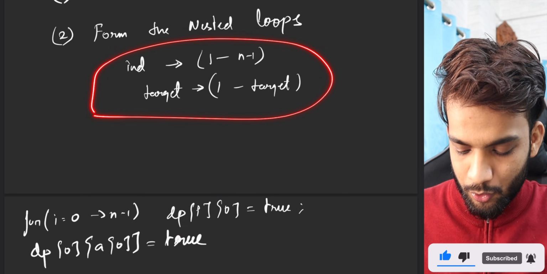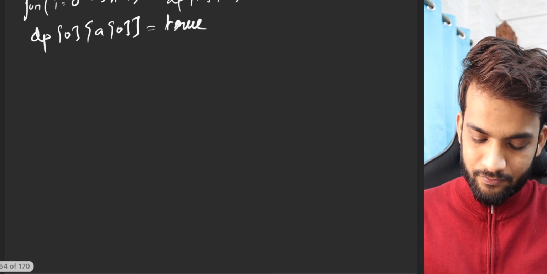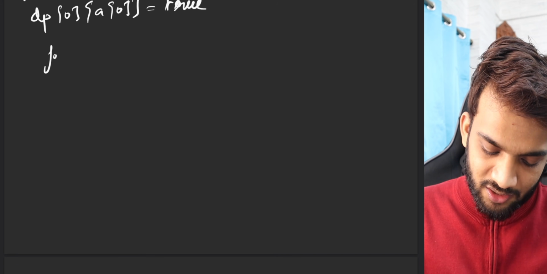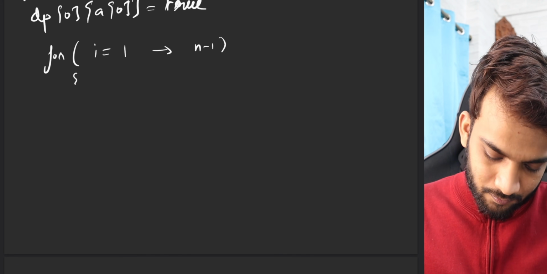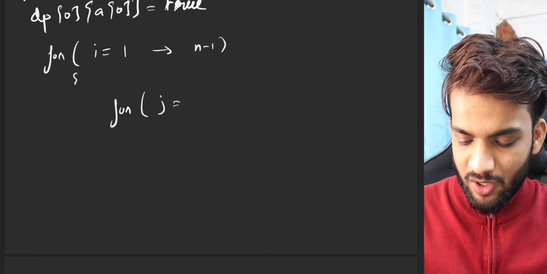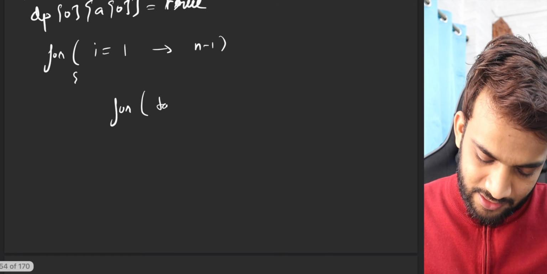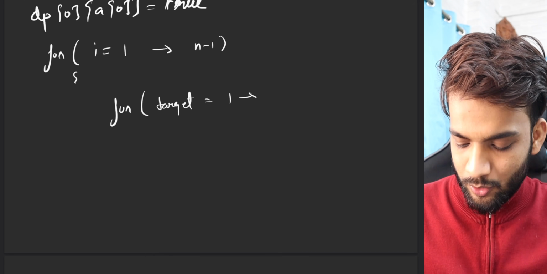So this is what you do as nested loops. Without thinking, just write the nested loops. See how simple it is. Try the tabulation: i equal to 1 till n-1. Target will be, you can call it the j loop to keep it easy. Let's write the target as 1 to whatever.